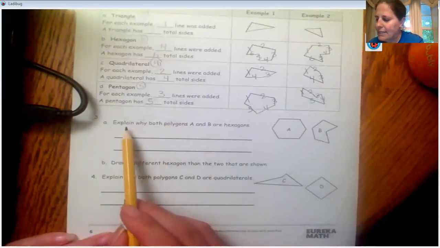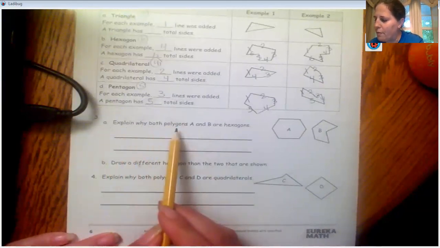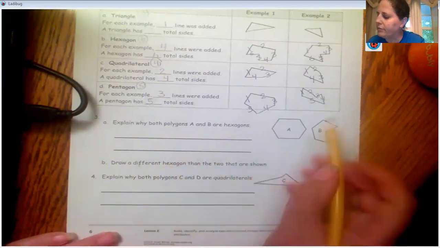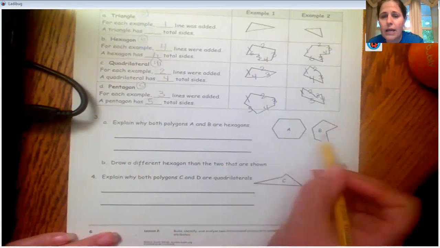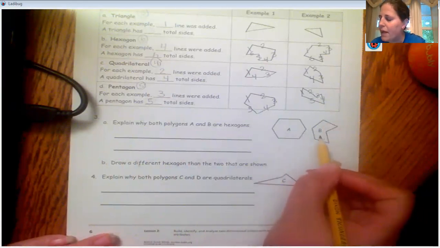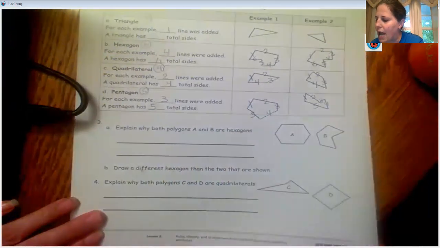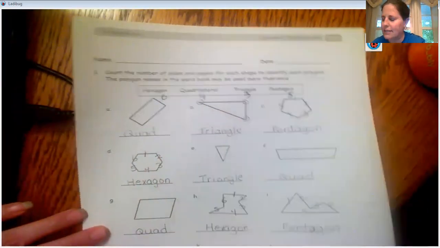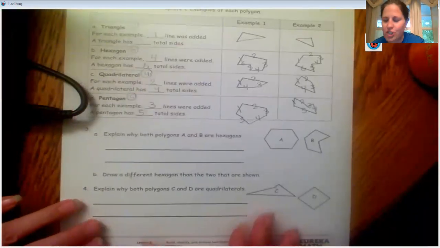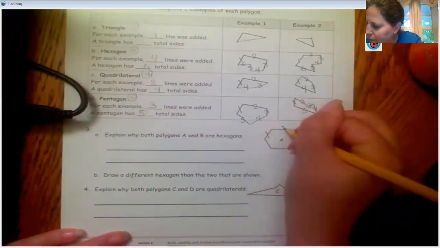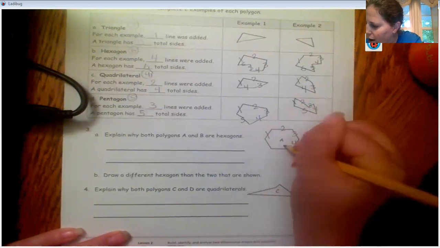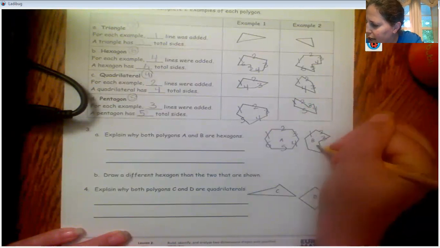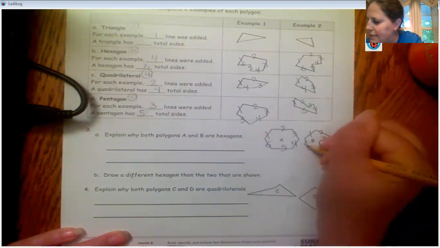A says, explain why both polygons A and B are hexagons. So even though A and B look very different, if you remember, a hexagon has 6 sides and 6 angles. So let's just check that that's correct. 1, 2, 3, 4, 5, 6. 1, 2, 3, 4, 5, 6.